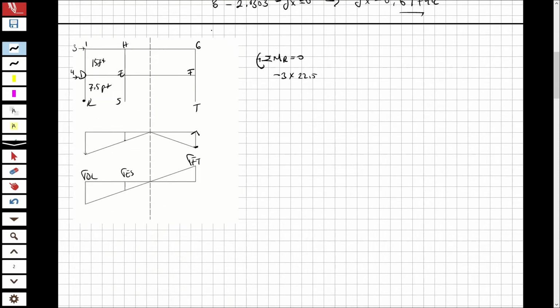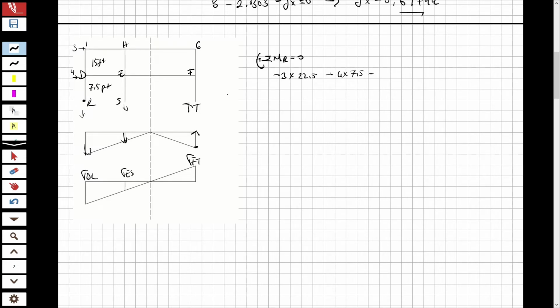And I have a 4 here as a force, minus 4 multiplied by 7.5, and minus E, look at here, this will be in this direction, this will be in this direction, this will be in this direction, like here you can see.